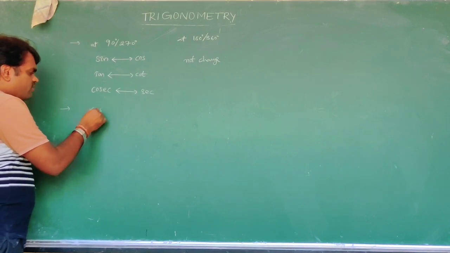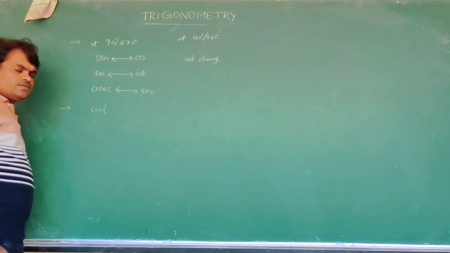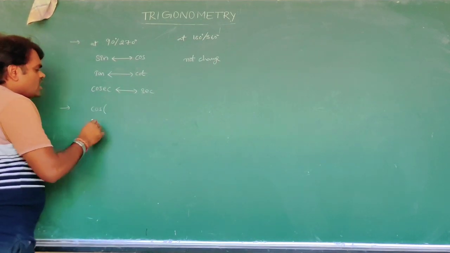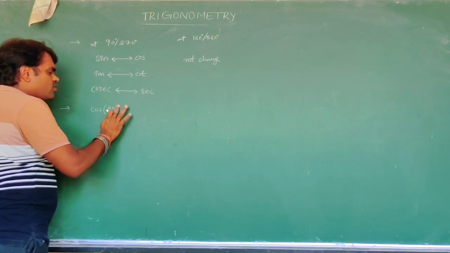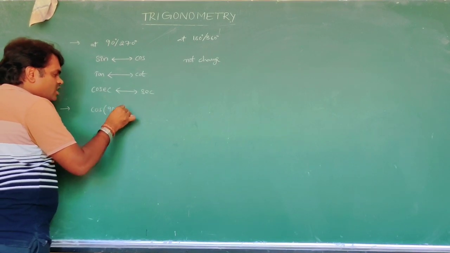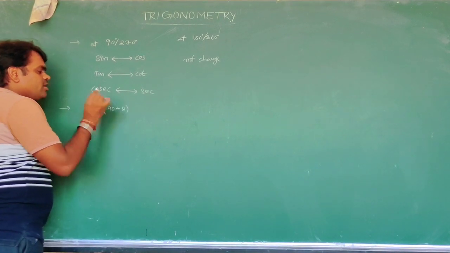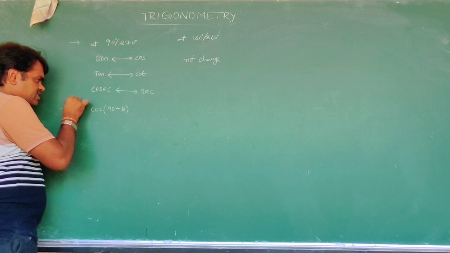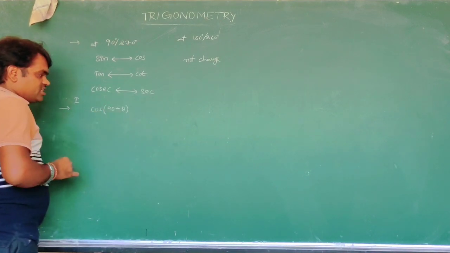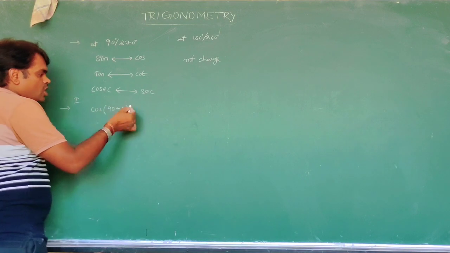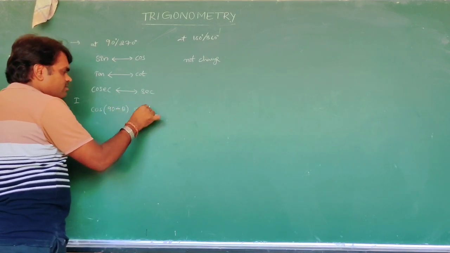Here, cos of 90 plus theta, cos of 90 minus theta. We are discussing the first quadrant, 90 minus theta. How do we change this? In the first quadrant, all trigonometric ratios are positive.